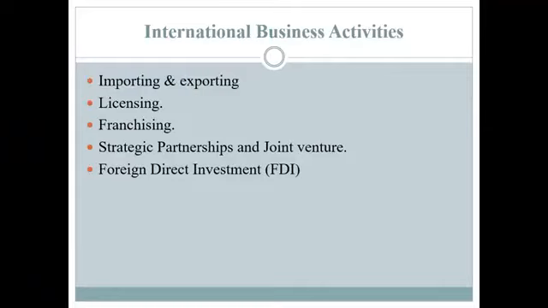Strategic partnership or alliance is a positive aspect of the cooperation of two or more companies in different countries. These two or more companies in different countries join together for a mutual gain.